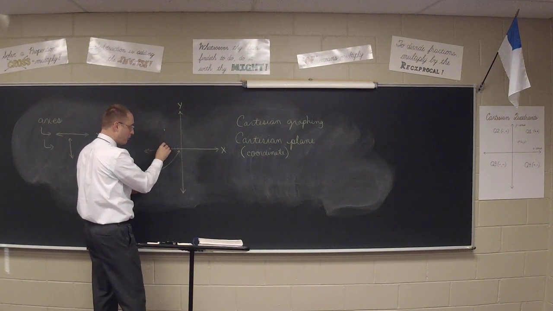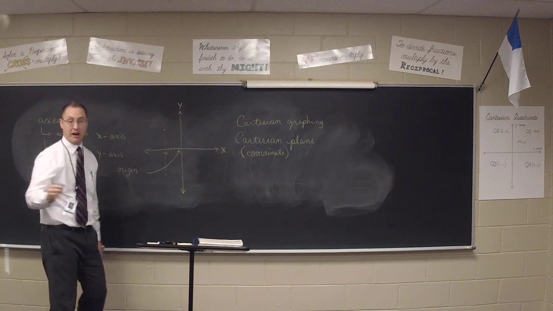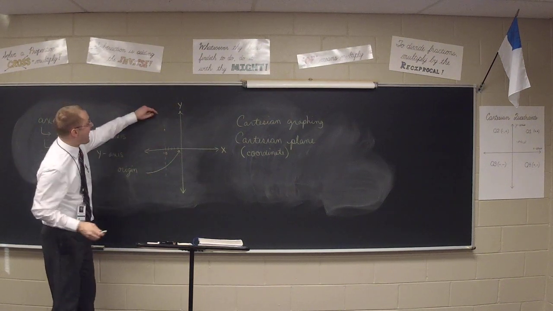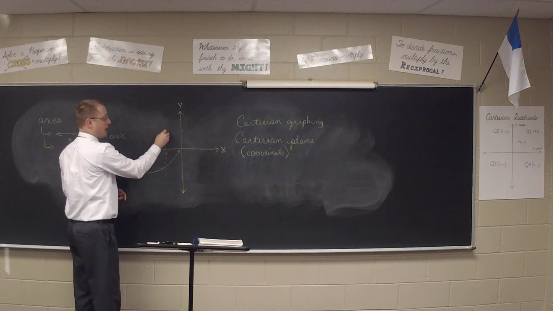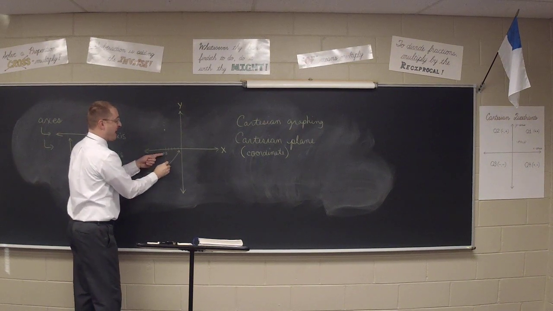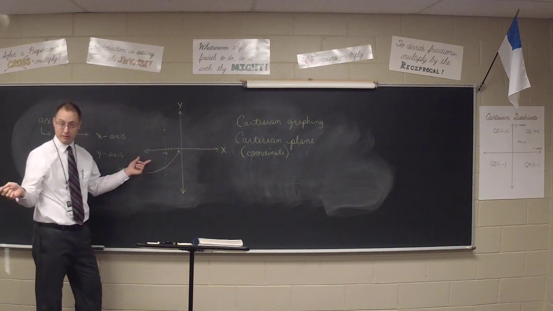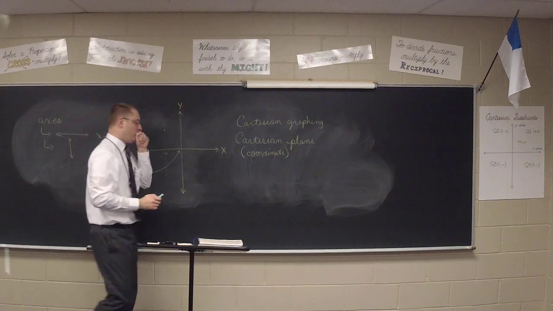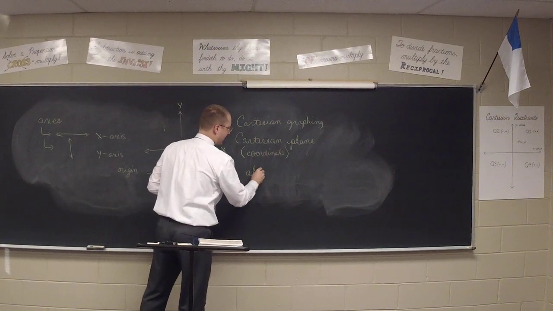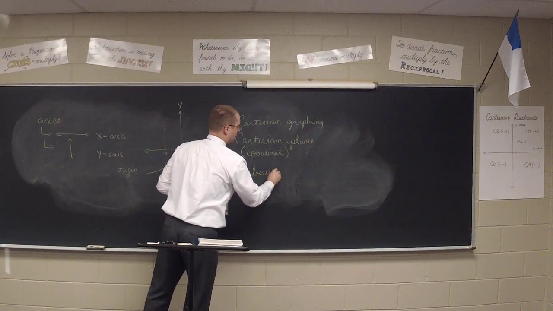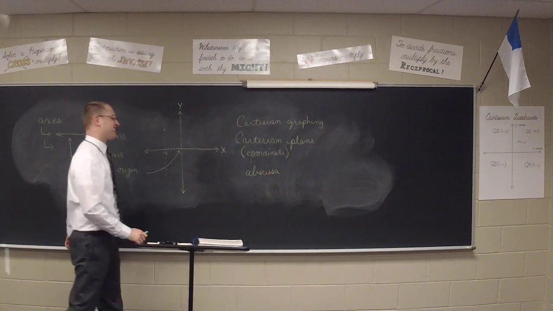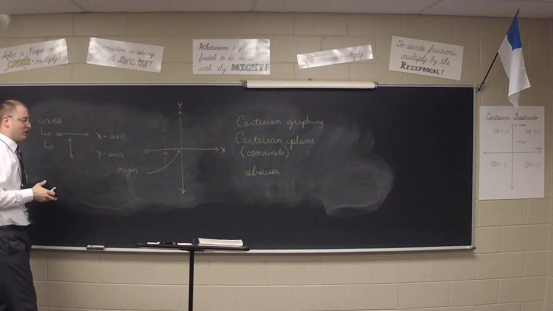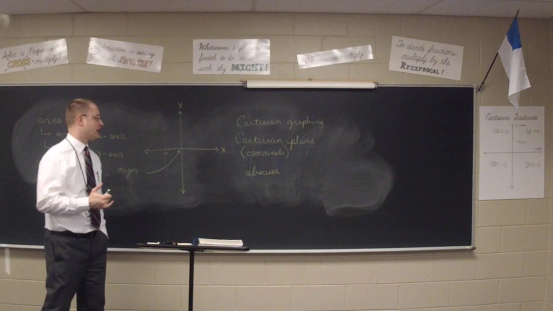It lines up with the -5 on the x-axis. In fact, any point I were to put right here would have an x value of -5. Does that make sense? The x value of a point is referred to as the abscissa.